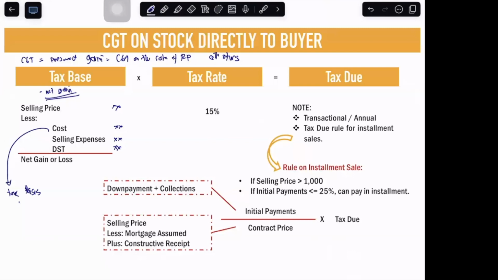If it is through a purchase, you can use specific identification, FIFO, or average. If it is through a devise or an inheritance, so you receive a stock through an inheritance, you get the fair value at time of death.